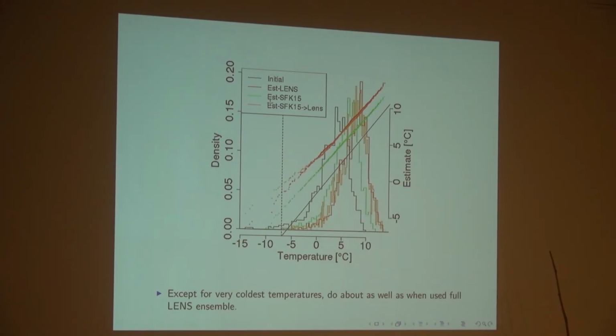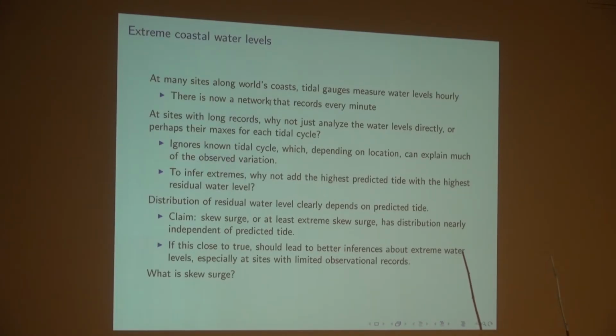So there does seem to be scope, if you have a small number or even one run of a model that you think will give better estimates of changes in climate, to combine that with an ensemble to get very good estimates of these transformations. All right. Okay, so I want to now talk about something completely different.